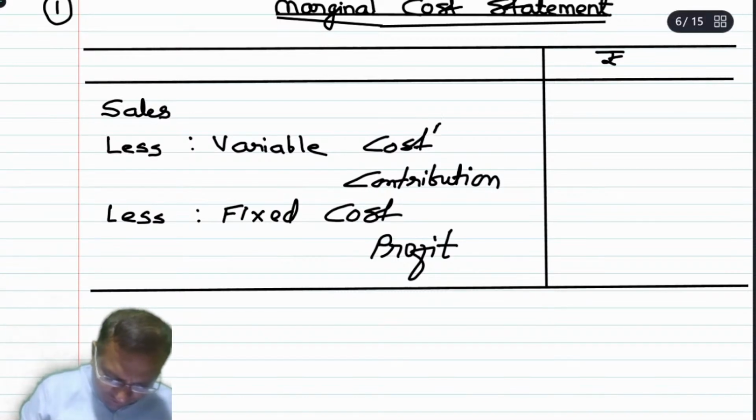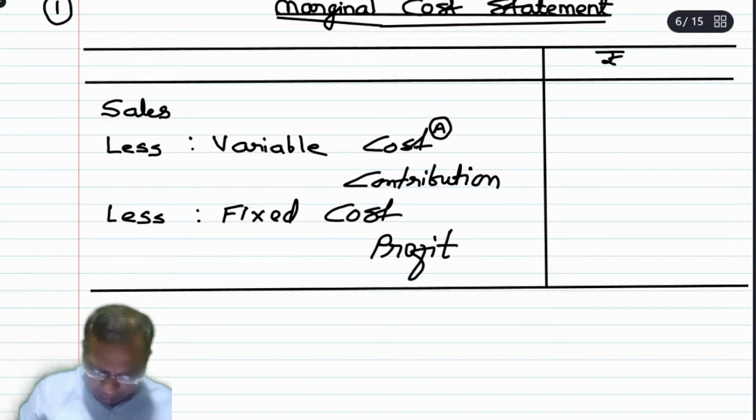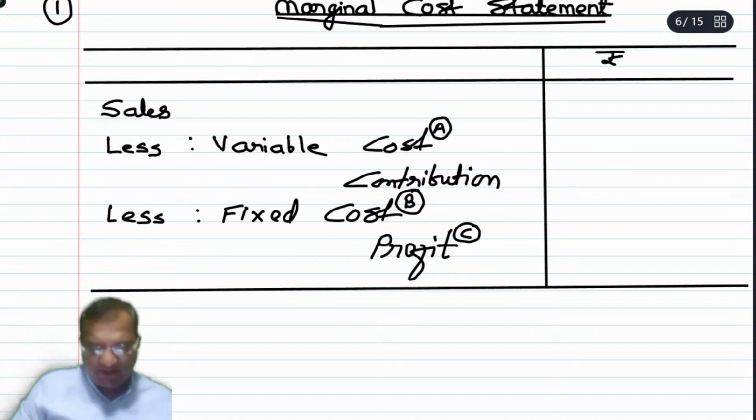Now, my first question will be related to variable cost. My second question will be related to fixed cost. And my third question will be related to profit.